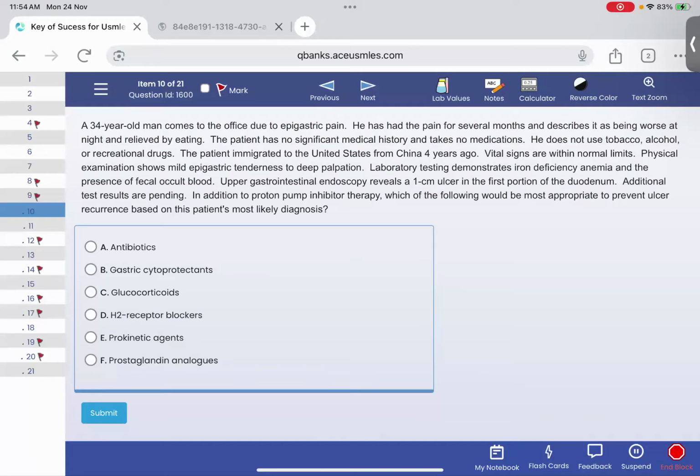Vital signs are within normal limits. Physical examination shows mild epigastric tenderness to palpation. Labs demonstrate iron deficiency anemia and presence of fecal occult blood. Upper GI endoscopy reveals a 1 centimeter ulcer in the first portion of the duodenum. Additional test results are pending. In addition to PPI therapy, which of the following would be most appropriate to prevent ulcer recurrence based on this patient's most likely diagnosis?